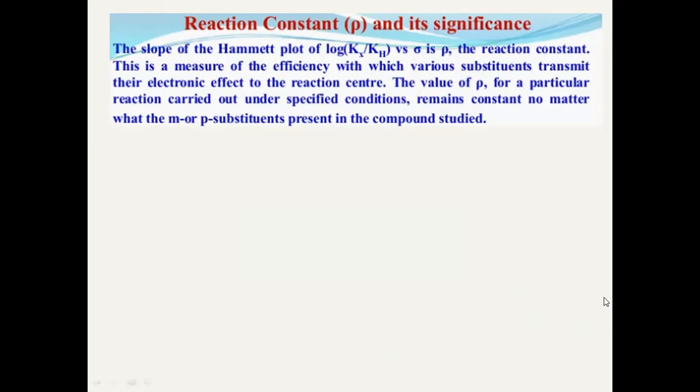Hammett has demonstrated by experiment that the graph is plotted between log kx upon kh value against sigma, and rho is the reaction constant.